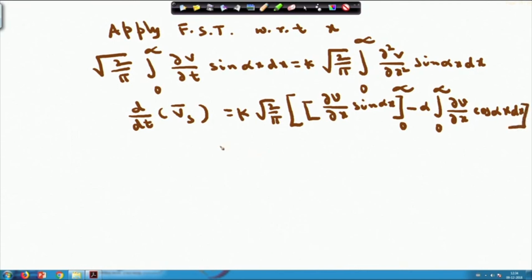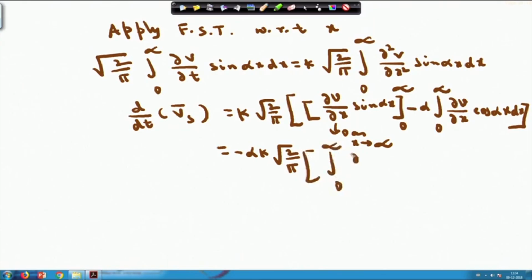Again, this first part will vanish, because ∂v/∂x approaches 0 as x approaches infinity. So you will obtain only minus αk √(2/π) ∫ from 0 to infinity of ∂v/∂x cos(αx) dx.